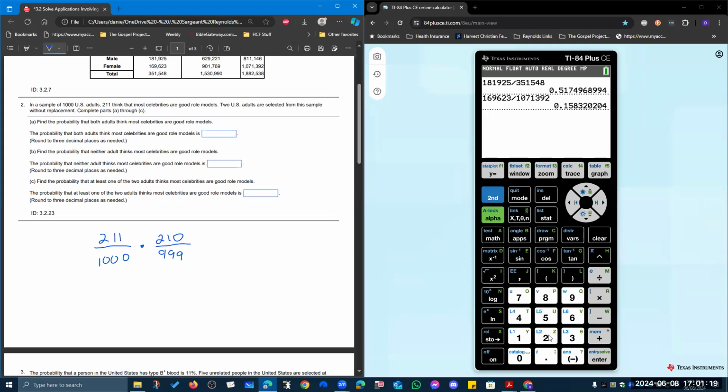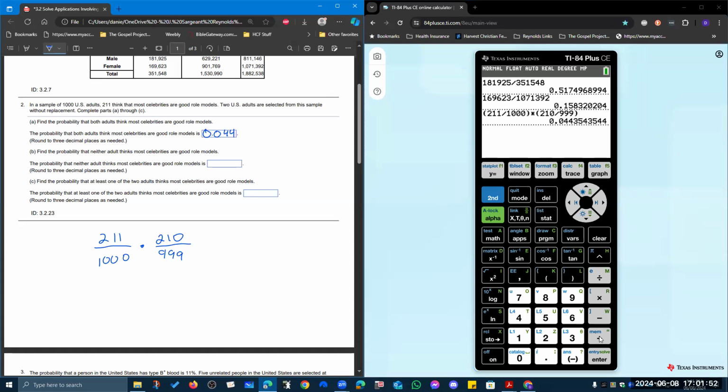So let's figure that out. 211 over 1,000 times 210 over 999. And we want to round to 3 decimal places, 0.044. Because that next decimal point is a 3, we're going to round down.